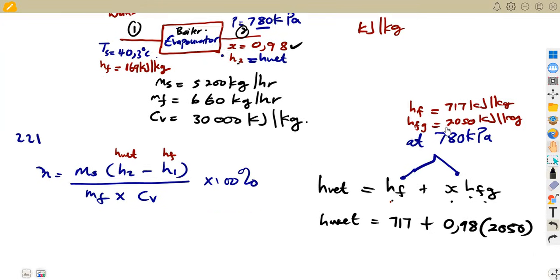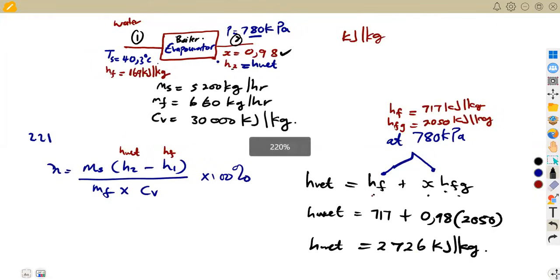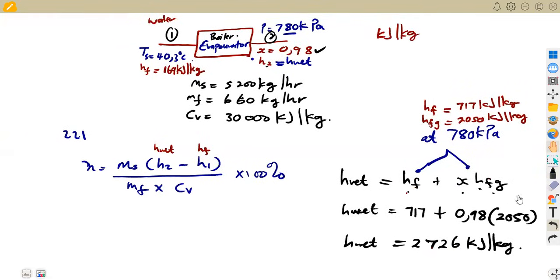All right, so we obtain H wet, which is 2,726 kilojoule per kg. So like I was saying, these values are in kilojoule per kg. We are going to need our calorific value in the calculation for the efficiency in kilojoule also per kg. So we have everything.